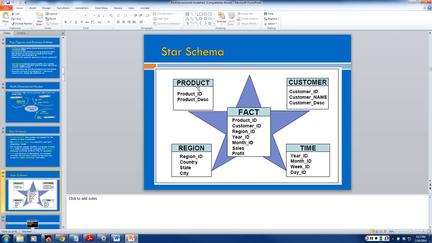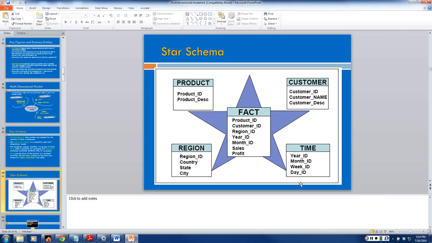In other words, I can measure product by sales, measure product by profit, or in combination. I can measure or analyze customer by sales or by profit, analyze time by sales or profit, analyze region by sales or profit, or I can combine these, that is product plus customer plus region plus time, and analyze them by sales or profit. So you can see that the whole analysis becomes very interesting when we have multiple dimensions.